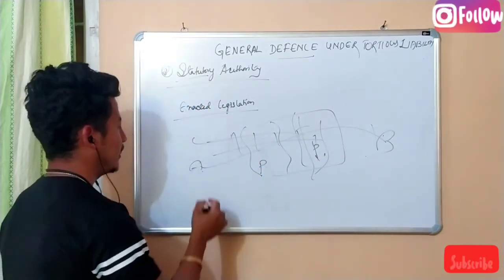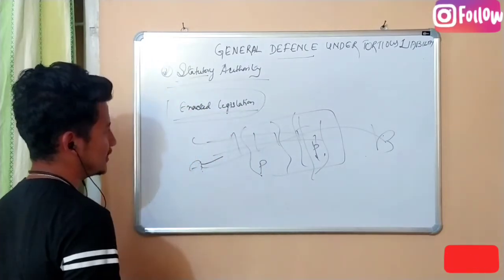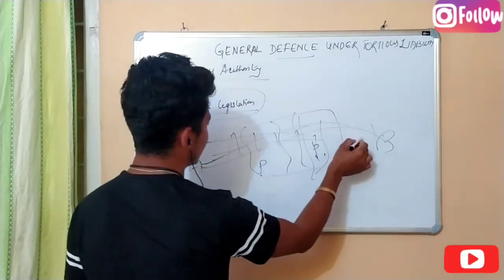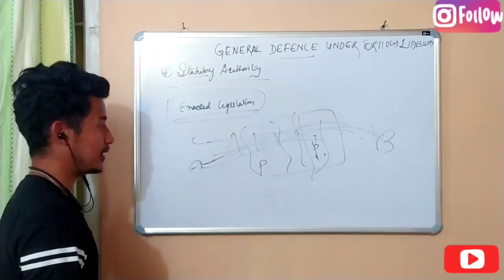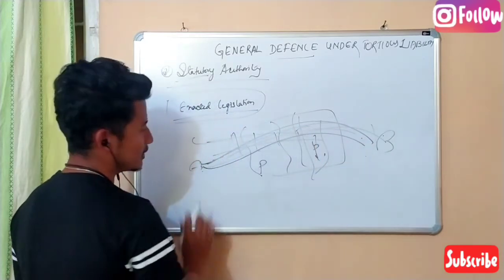Since the Parliament has enacted the legislation for the construction of the railway line, they have to construct it.